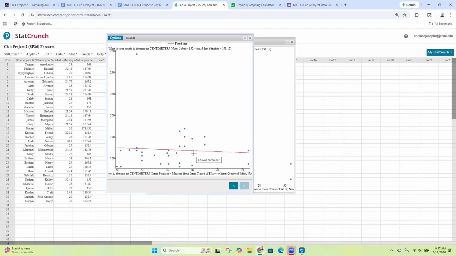This outlier, we've talked about it before, linear regression is not resistant to outliers. So we need to either verify that it's correct, or throw it out, or say it's not a linear regression and we should be using some other type like logarithmic or polynomial.